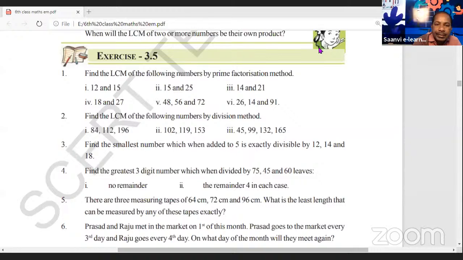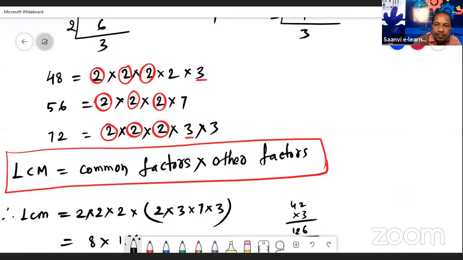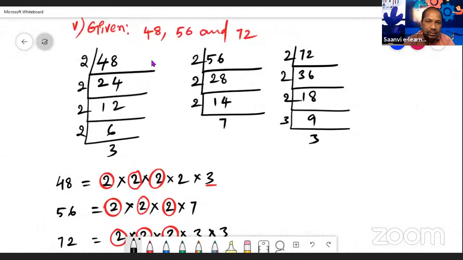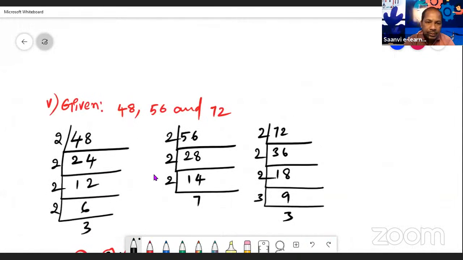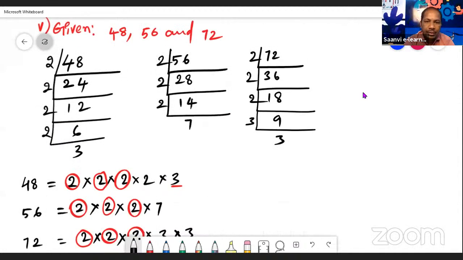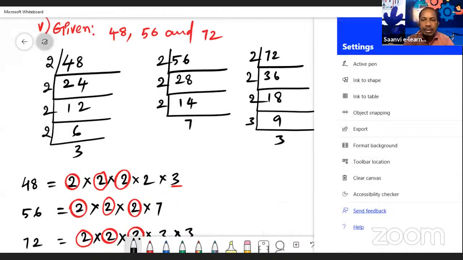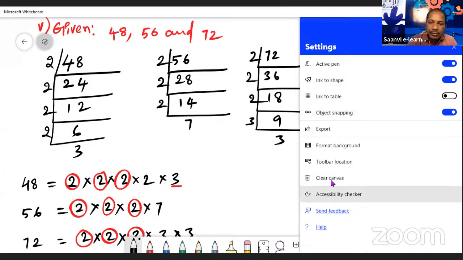Let us see how to find this. So up to now we have discussed finding LCM by prime factorization method. Now we are going to discuss finding LCM by division method.